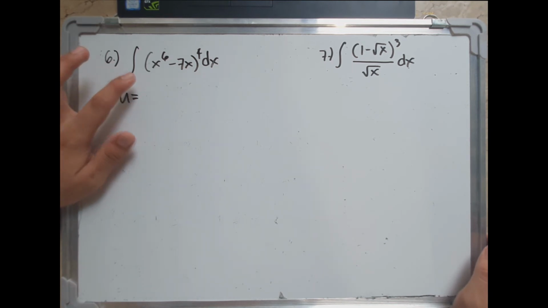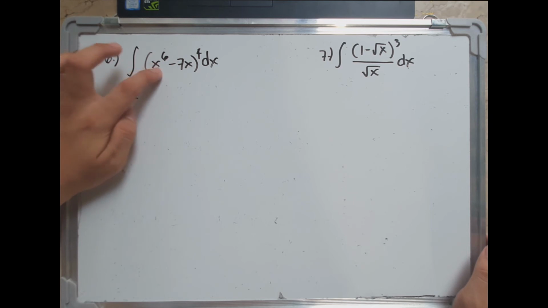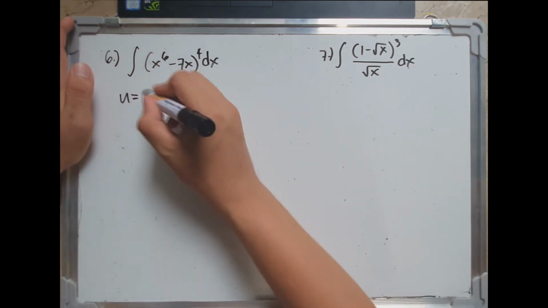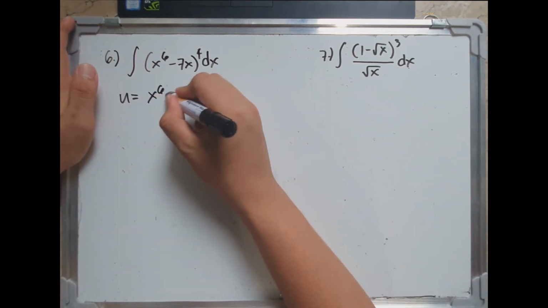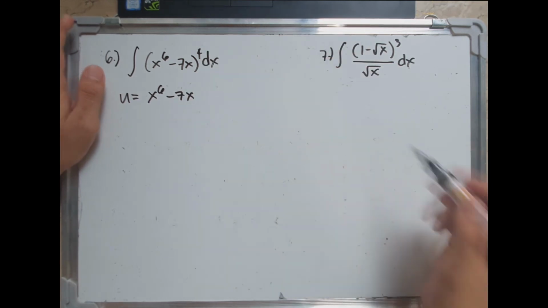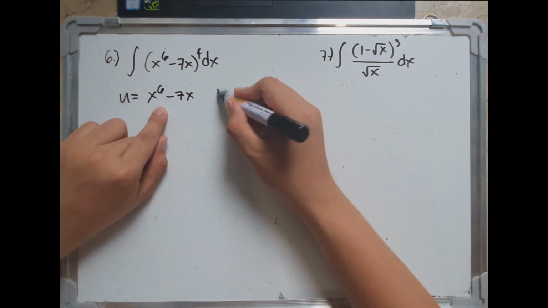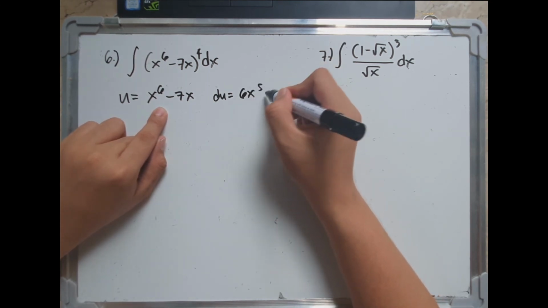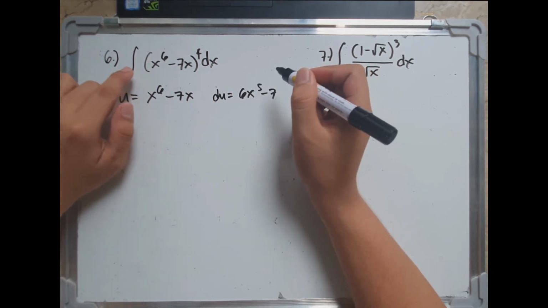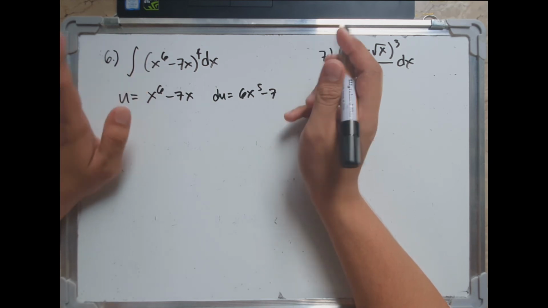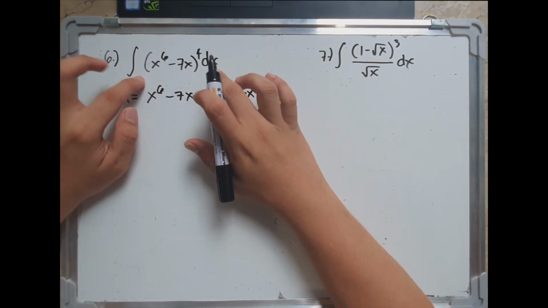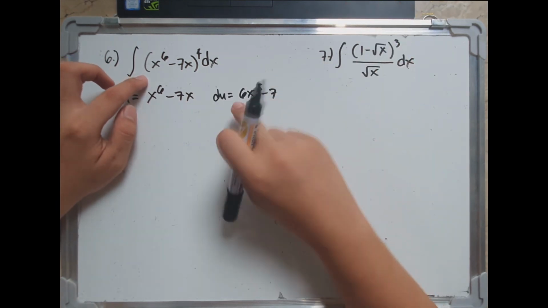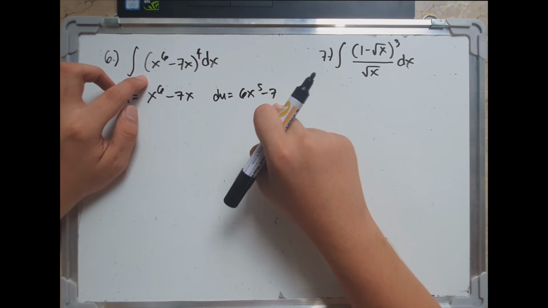If we select x to the 6th minus 7x as our u, deriving this one, that is 6x to the 5th minus 7. That is obviously not found in our original integrand. We don't have 6x to the 5th minus 7.